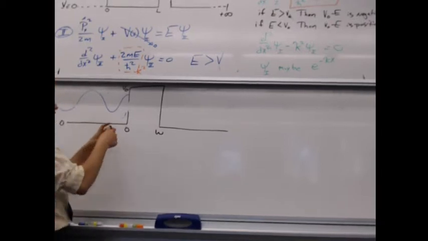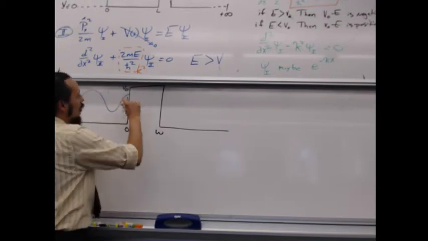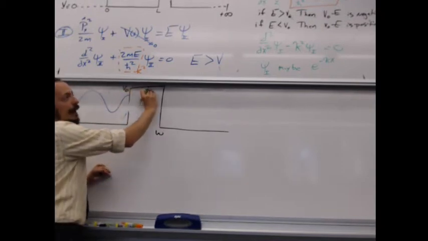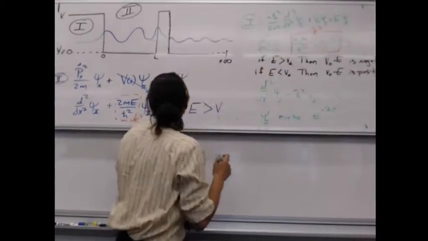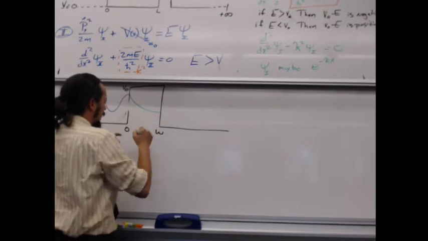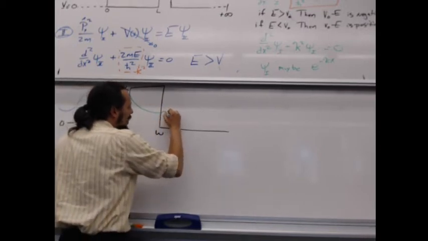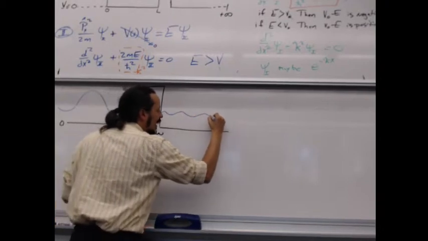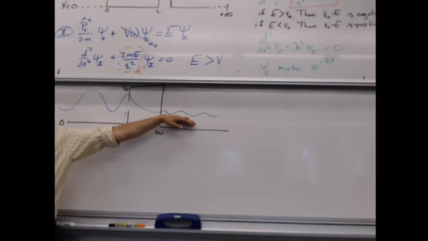And then when it hits the barrier, I'm going to have that second thing happen where the potential barrier is greater than the energy of the particle. I'm going to see that decay term. And if it doesn't decay all the way to 0, I'm going to get some little oscillation out the side. And the question becomes, how much gets transmitted through?